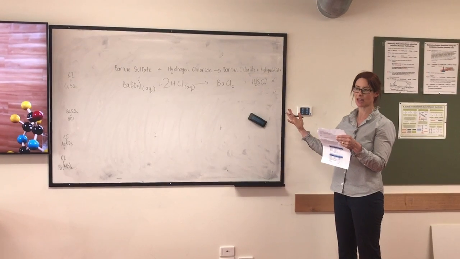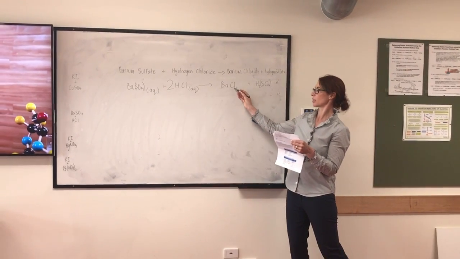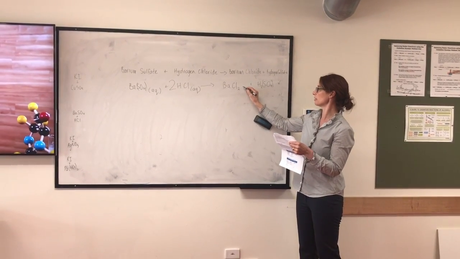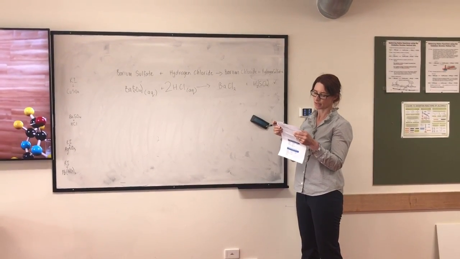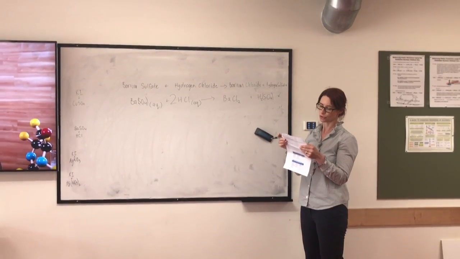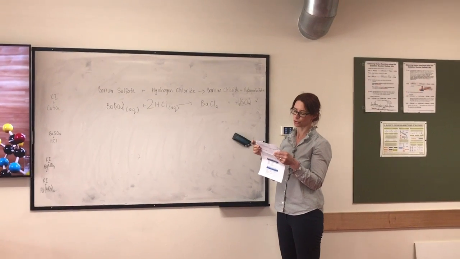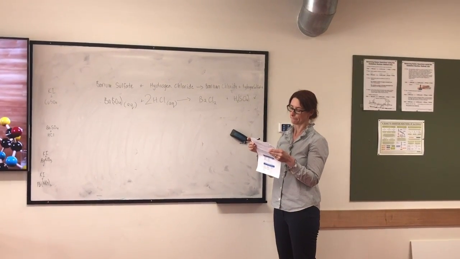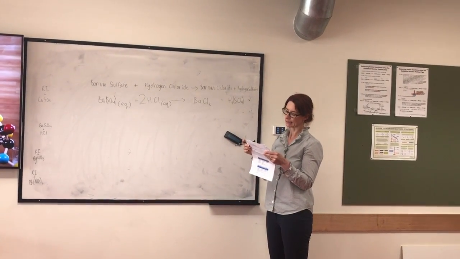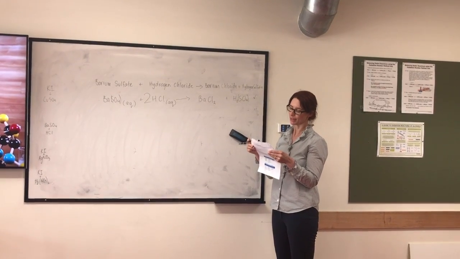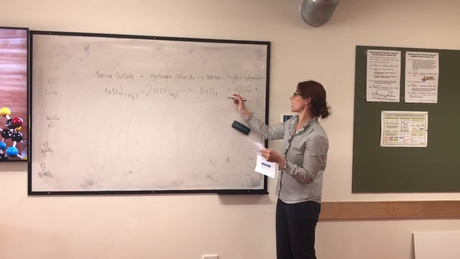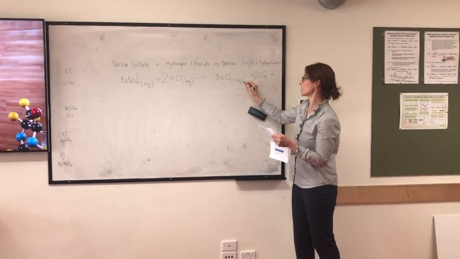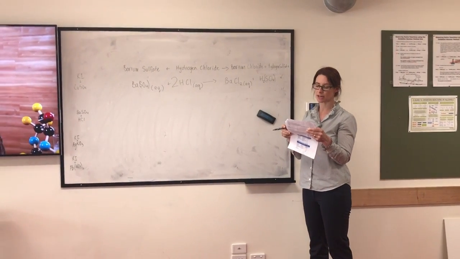Do we have any of that? Why do I always pick an example that doesn't follow the rules properly? So let's say no, because it contains chloride and it's not an exception.